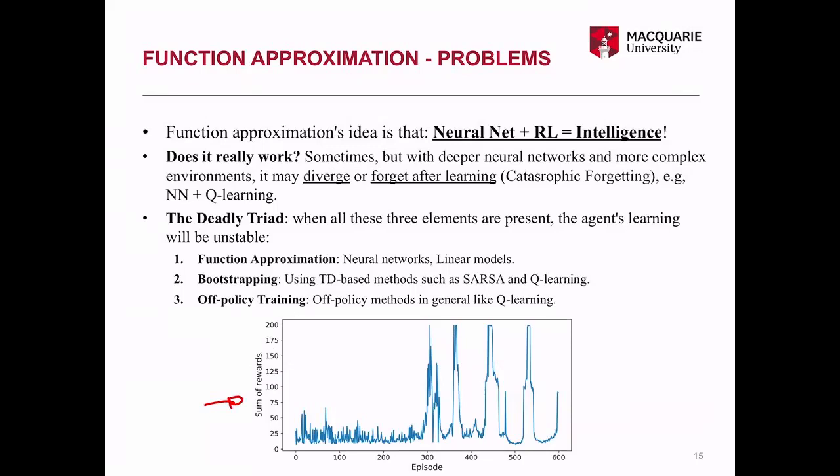For a couple of hundreds of episodes, it learns nothing, which is usually normal, and then it suddenly learns something, gets to a very good point here, and then it suddenly crashes. And again, it learns something here, it crashes. And this continues forever. Your agent never really learns this thing.